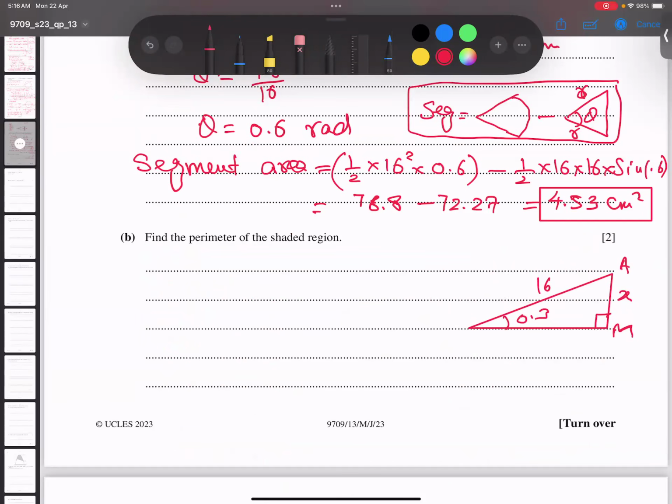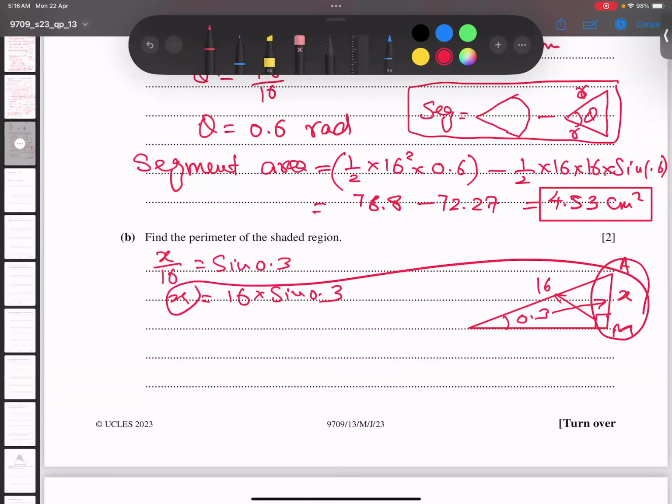So what is SOHCAHTOA in front of the angle? This is called opposite. This is the hypotenuse. Opposite over hypotenuse is sine theta. And this is giving us 16 times sine 0.3, students, which is giving you AM, but I need AB. So then how do I get AB?